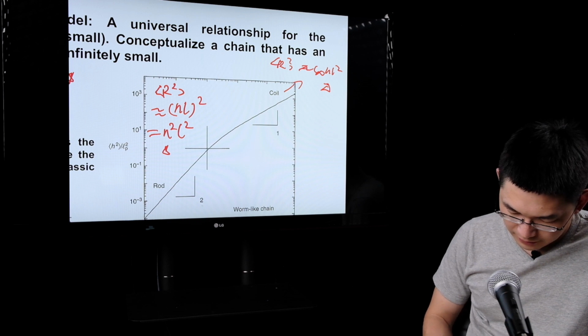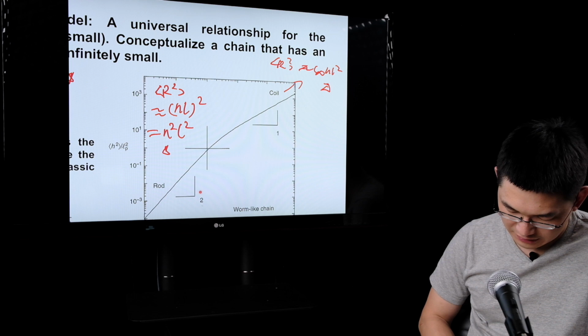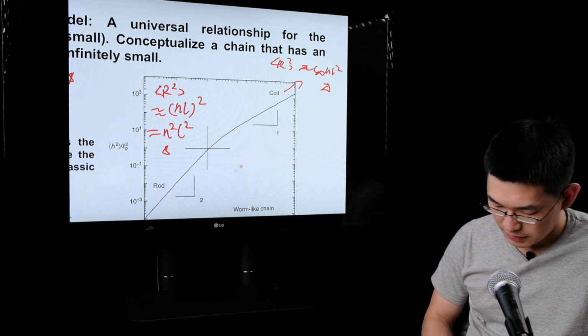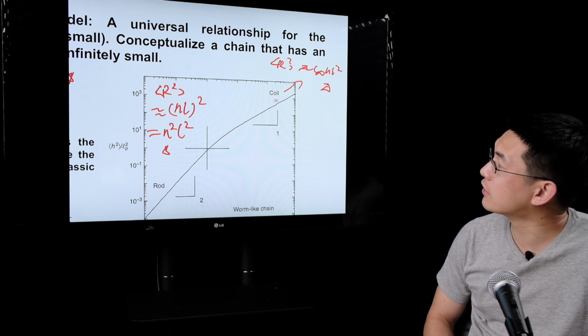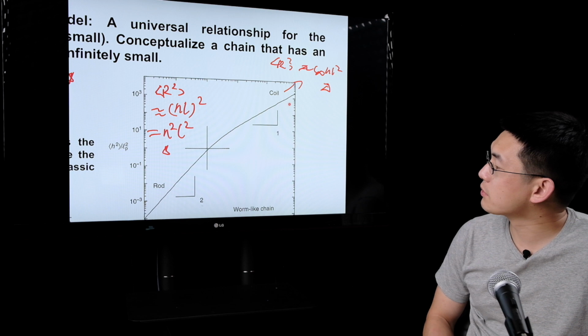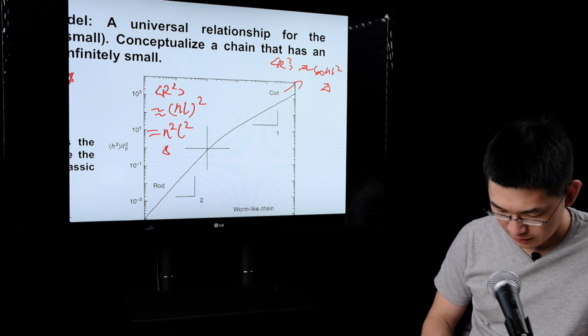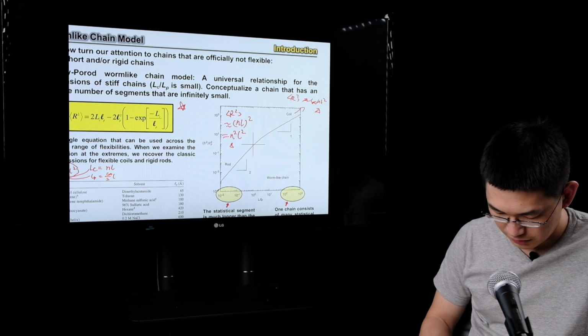That means the end-to-end distance in the rod-like case would increase with a power of 2 compared to the coil-like case, where the increase rate for end-to-end distance will be only to the power of 1 with the length or degree of polymerization. Okay.